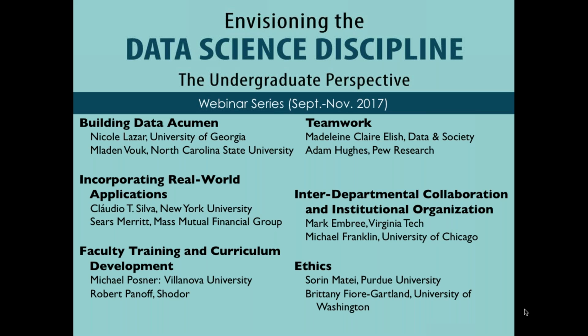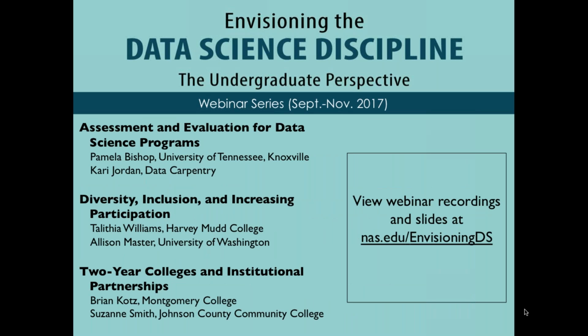So questions about building data acumen. This is a term we'll hear a lot in the report. Thinking about real-world applications, important issues of faculty development, how we can be thinking about teaching teamwork. Interdepartmental collaborations are really important because data science really doesn't fit in just one place. And ethics were topics that we included in those webinars.